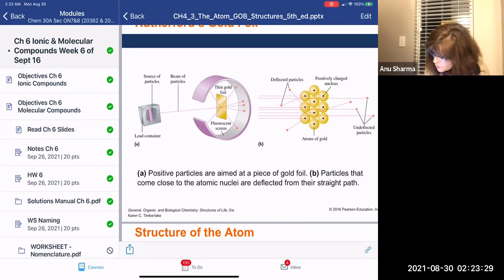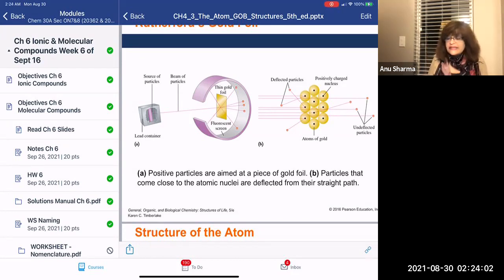You will study this more when you study nuclear chemistry. Here, he passed this beam through a small hole, so he knew these particles were moving in a very straight line. Several of the particles passed through the gold foil, which is very, very thin, but some got deflected.